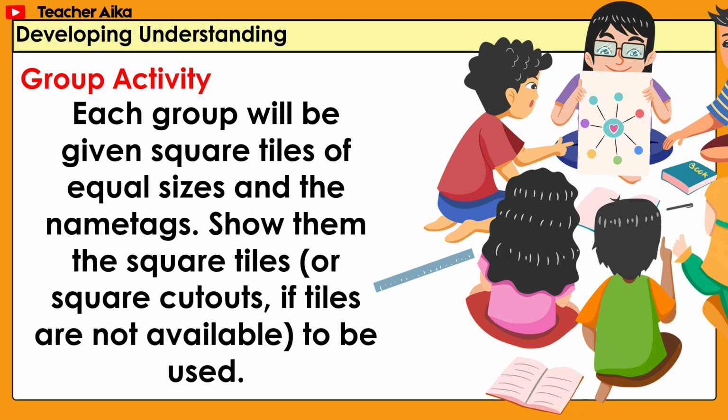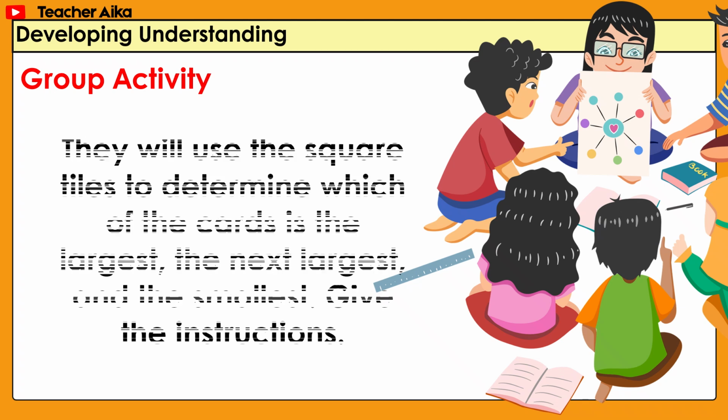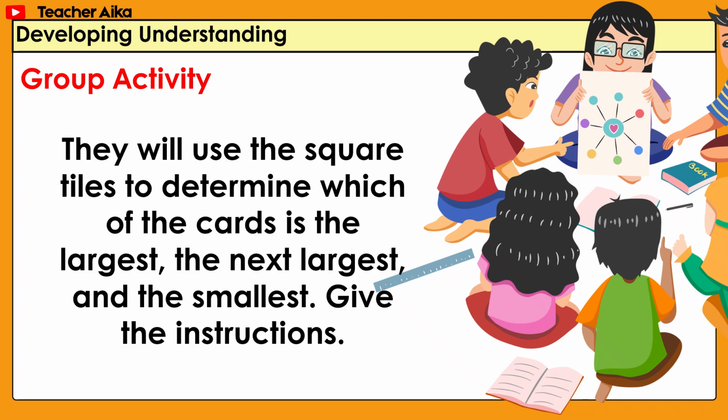Show them the square tiles or square cutouts if tiles are not available to be used. They will use the square tiles to determine which of the cards is the largest, the next largest, and the smallest. Give the instructions.